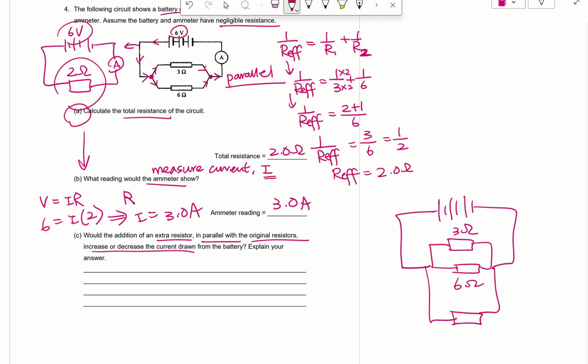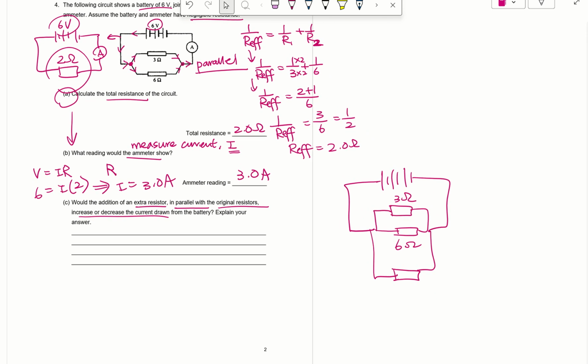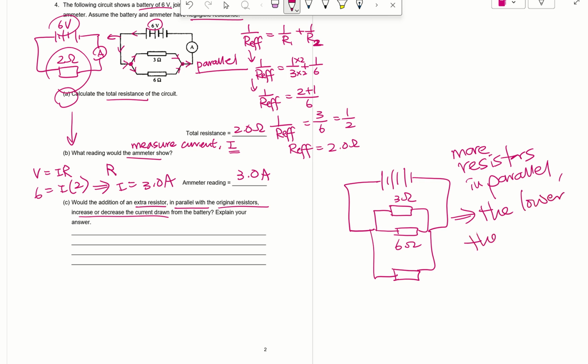Okay, so the more resistors in parallel, the lower the effective resistance.